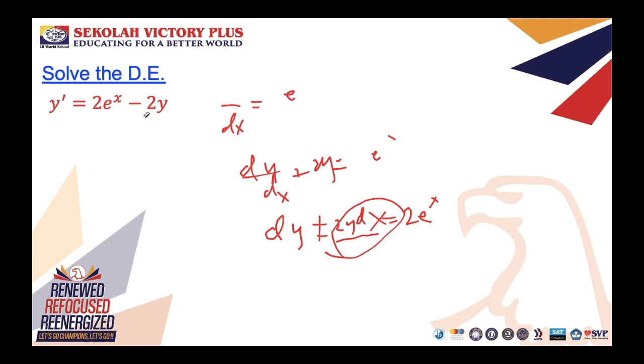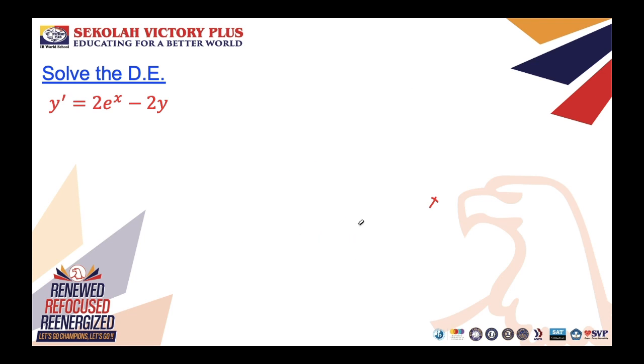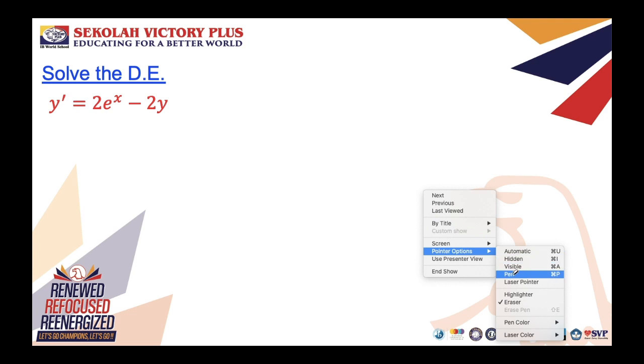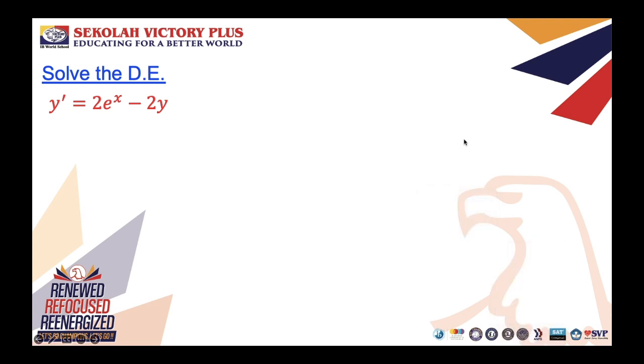Okay, so to solve non-separable differential equations, we need to follow certain forms, which I'd like you to be mindful of. Starting with the first form, which is this one. To solve non-separable differential equations, write or rewrite the given into this form, wherein the term or the expression containing the y should be written close to your y prime.